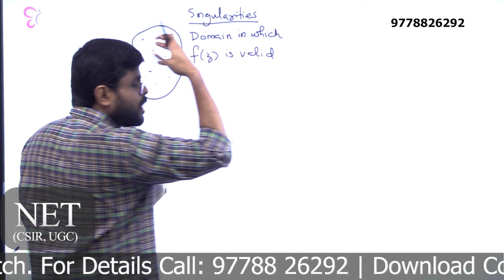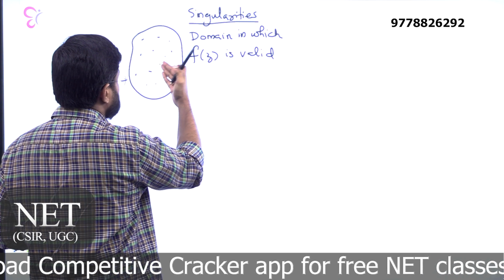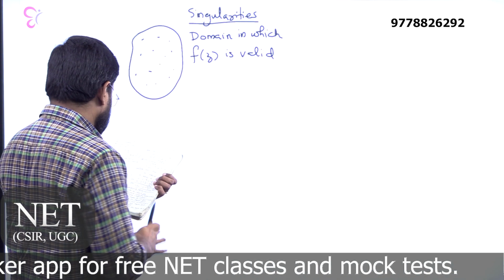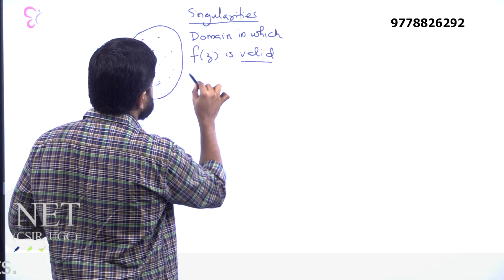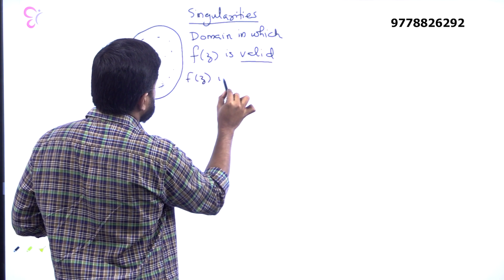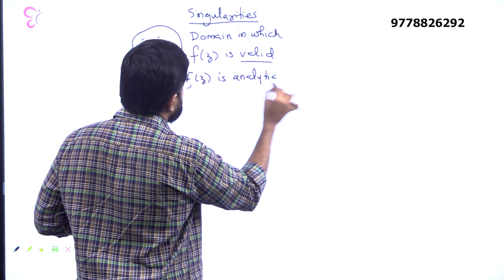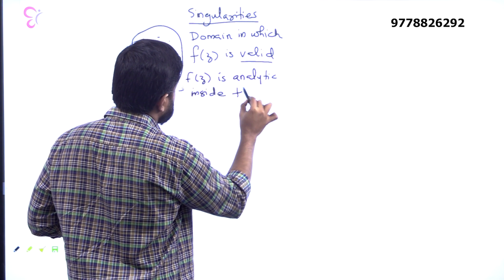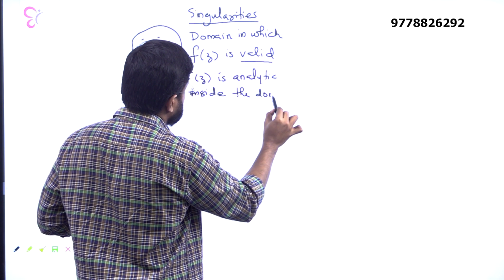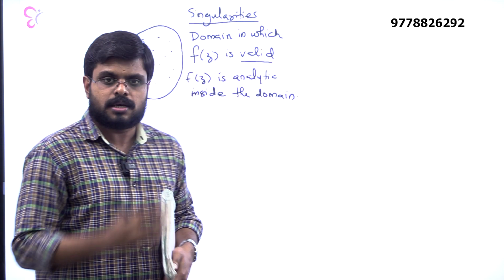I have some arbitrary complex function f of z, and it is valid in this domain. That means f of z is analytic inside the domain.